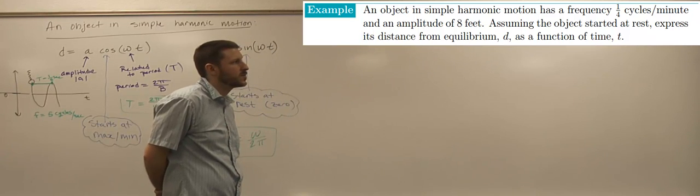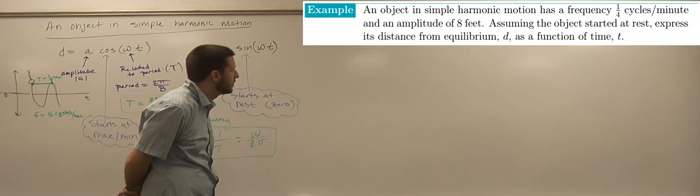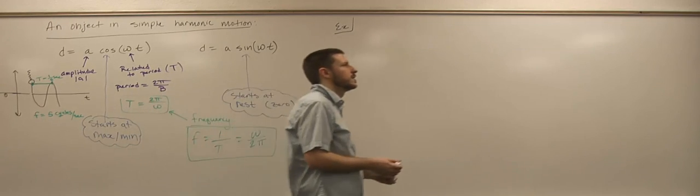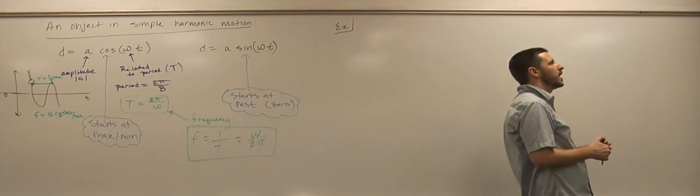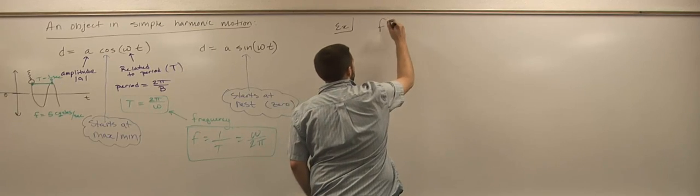An object in simple harmonic motion has a frequency of 1/4 cycles per minute and an amplitude of 8 feet. Assuming the object started at rest, express its distance from equilibrium d as a function of time t. So an object in simple harmonic motion has a frequency of 1/4 cycles per minute.